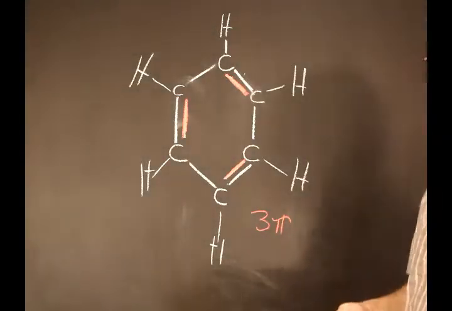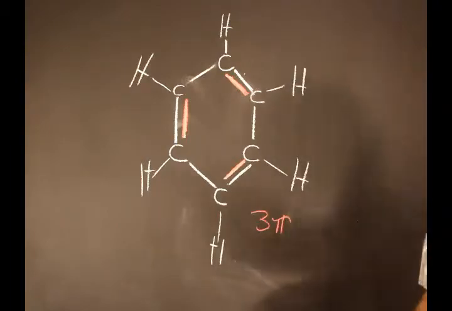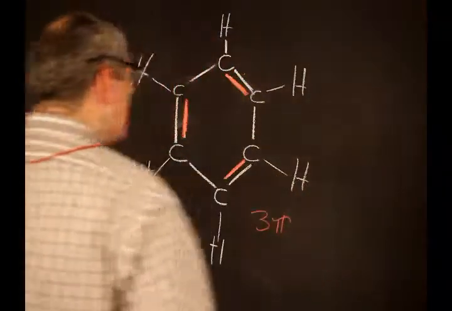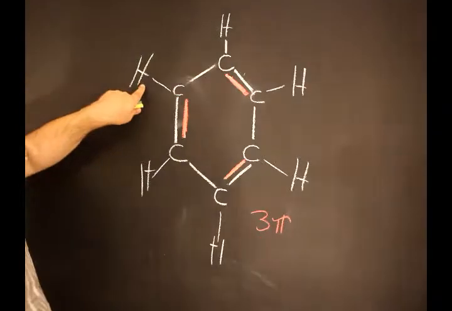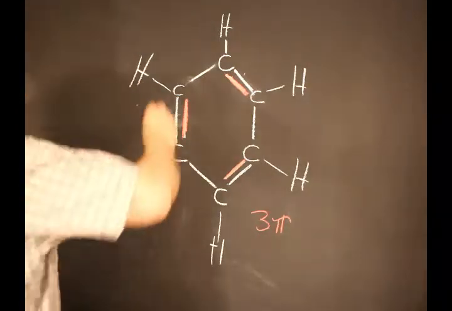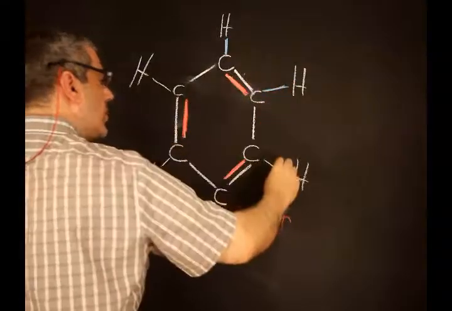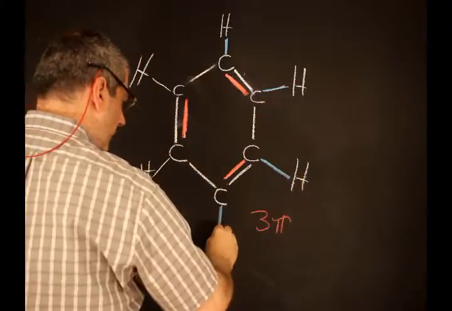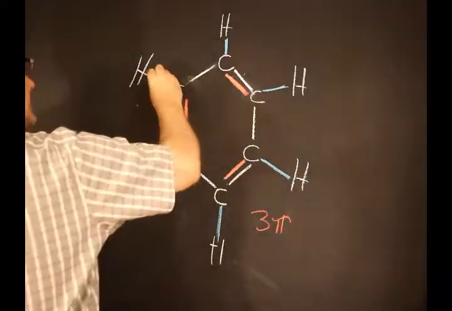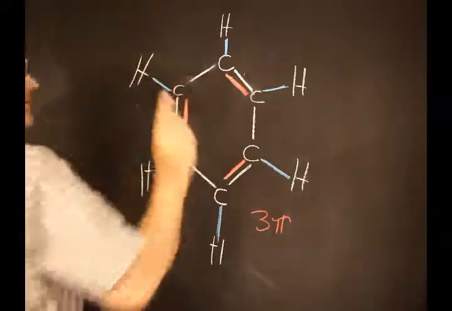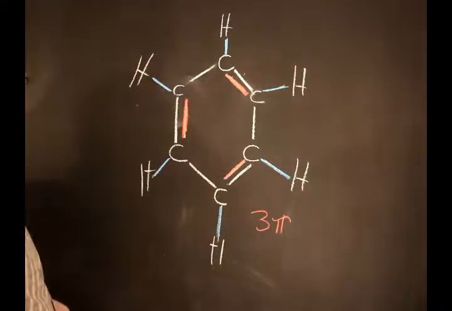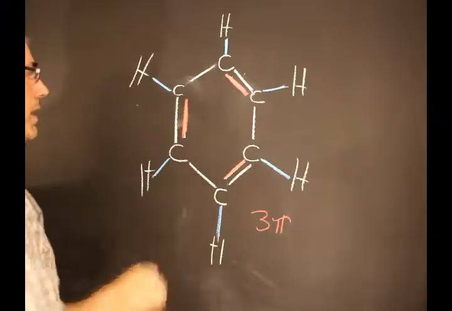Sigma bonds are our single bonds, and this is something that is very easy to forget. The hydrogens are bound to carbon, so we're going to have 1, 2, 3, 4, 5, 6 sigma bonds from the hydrogen-to-carbon bonds.